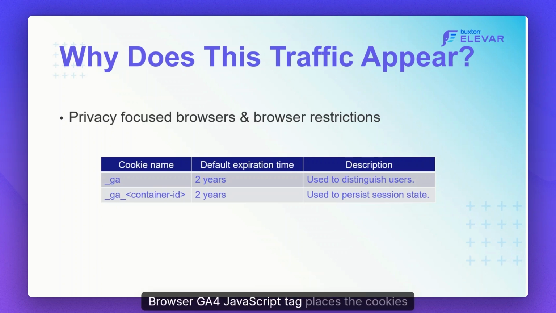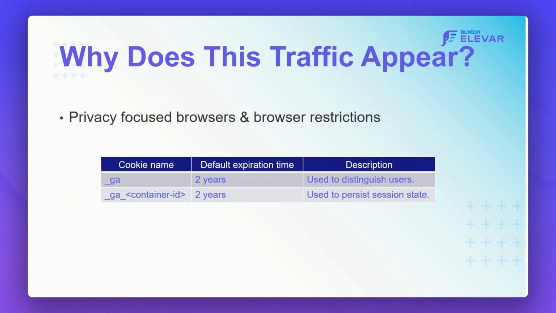GA4 JavaScript tag places the cookies that you are seeing on your screen. With the help of these cookies, GA4 identifies new and returning users as well as session specific data. I hope this has helped you to understand how GA4 collects session level data and identifies returning users.